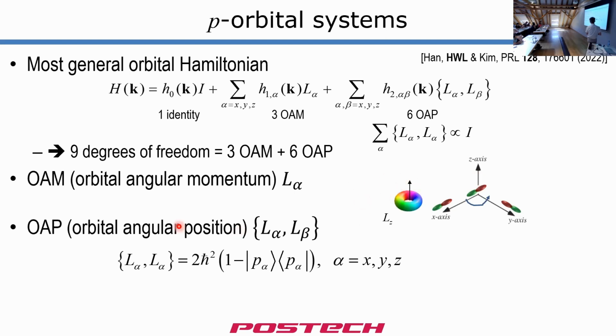On the other hand, the orbital angular position operator is a combination of L times L. If you play with this operator a little bit, you can find that its eigenstates simply detect which real orbital direction is pointing, whether along the X direction or the Y direction, or somewhere in between. So this operator is called the angular direction, or angular position, of the orbital degree of freedom.